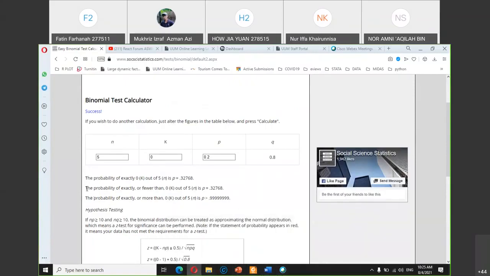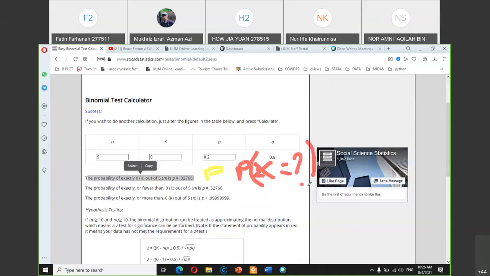I will explain what the second part here means, depending on the type of questions that you get. But the first one is when you want to calculate P(X = something). So the first part here refers to P(X = 0) or P(X = 1), exactly equal to something.